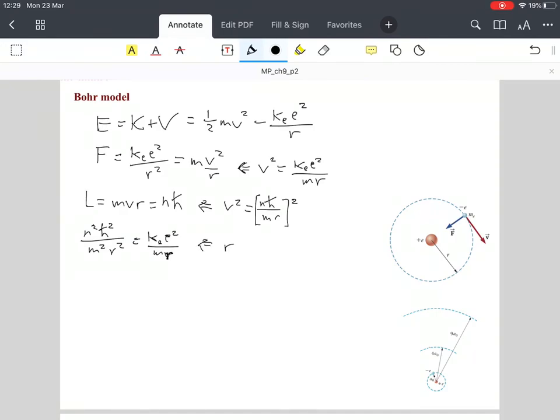Doing that, we get r is equal to n squared h bar squared over m Ke e squared. So we see that all of that is a constant times n squared.